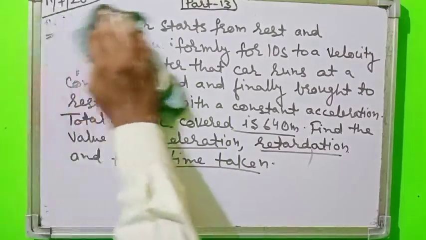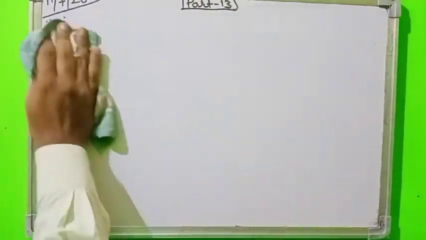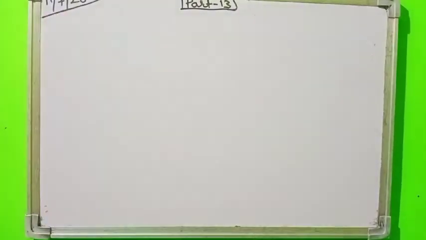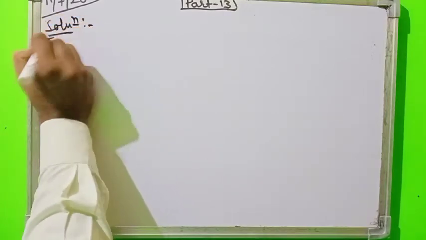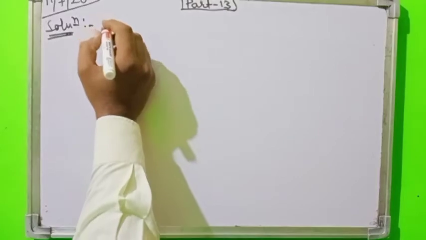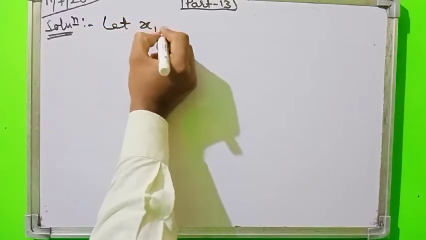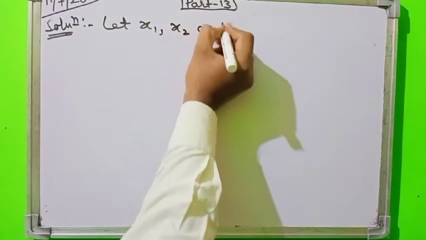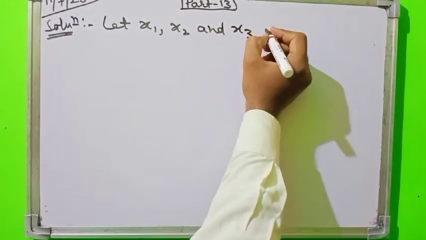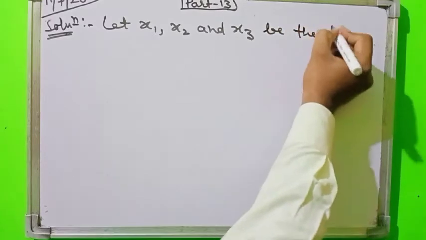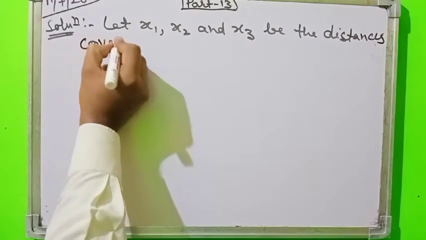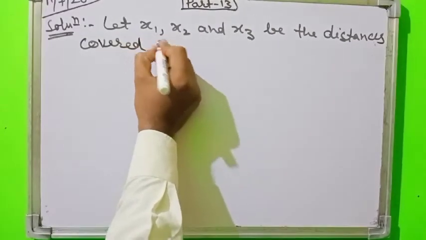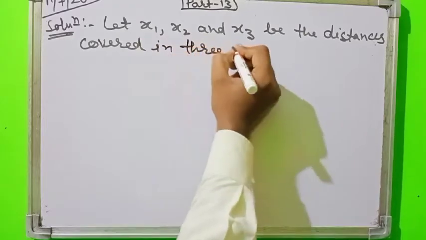Look at the solution for this numerical. Let x1, x2, and x3 be the distances covered in three parts.